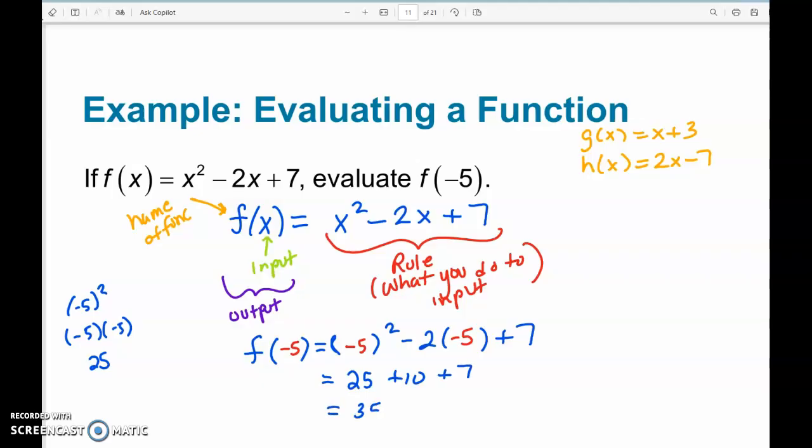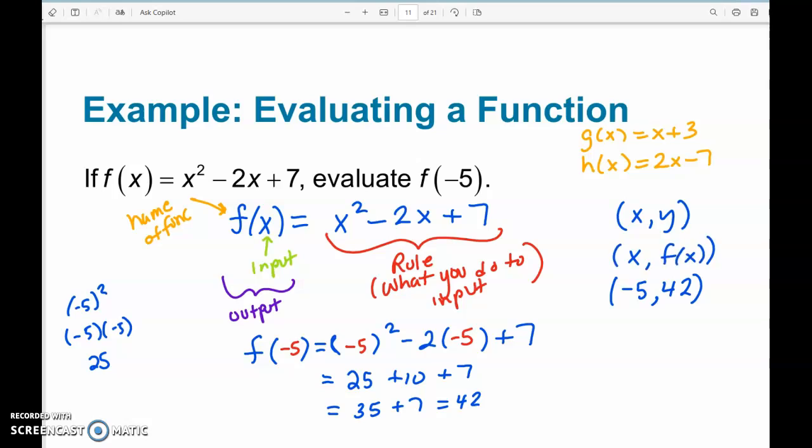So I'm going to end up with 35 plus 7, which is 42. If I was to write this as an ordered pair, my input is -5, my output is 42. I always put x comma y. In this case, x comma f of x. Input, output.